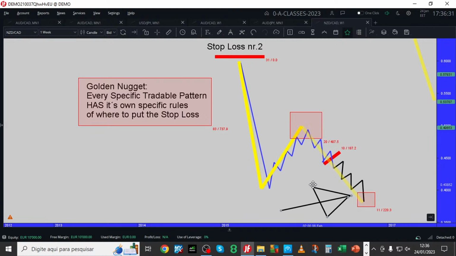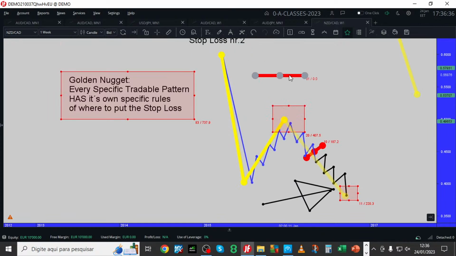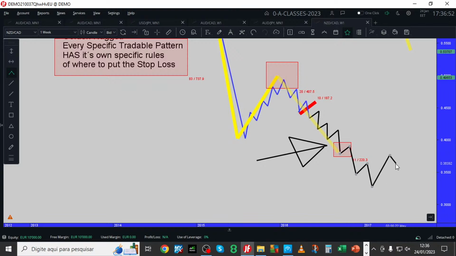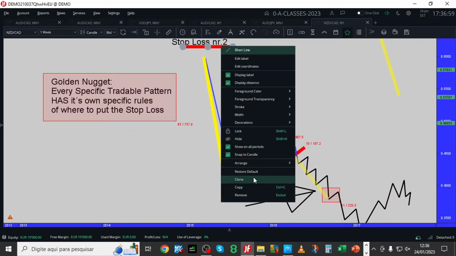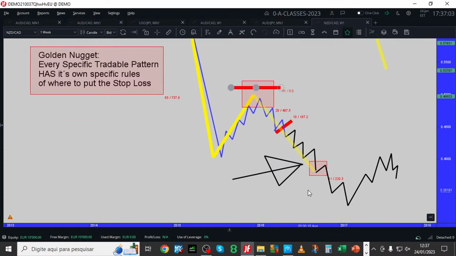Only and only then, starting from now on, this is stop loss number 2. On the next end of retracement, only and only then you put the stop loss above in here.